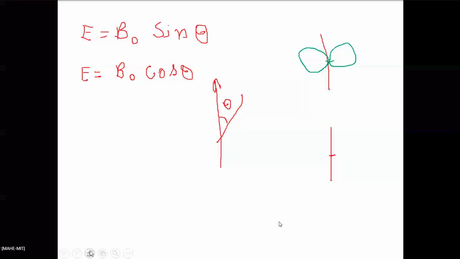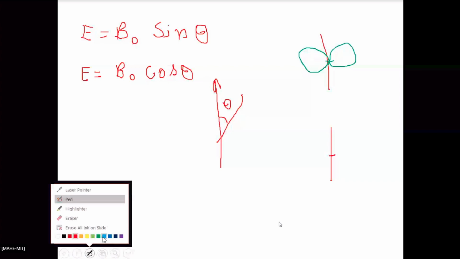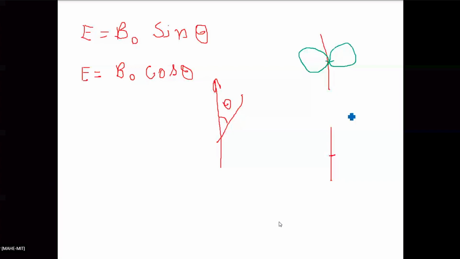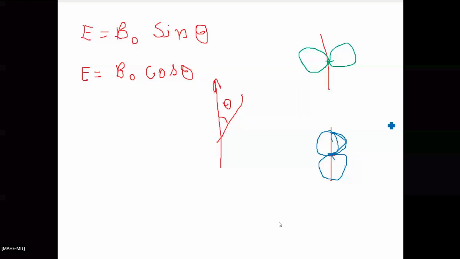Now if you plot B naught cos theta, it will look like this. You get it? B naught cos theta is maximum at 0 degrees, and at 90 degrees it is 0. Do you get it? So this is B naught cos theta.